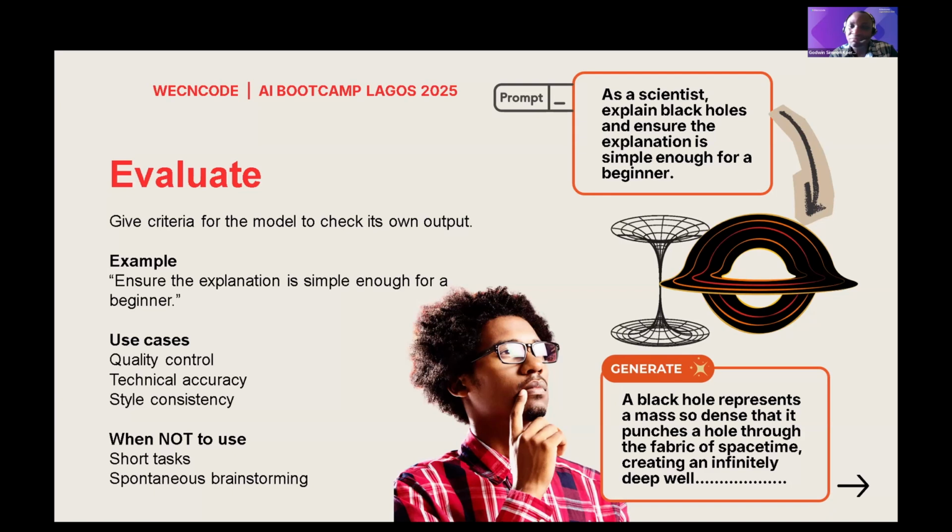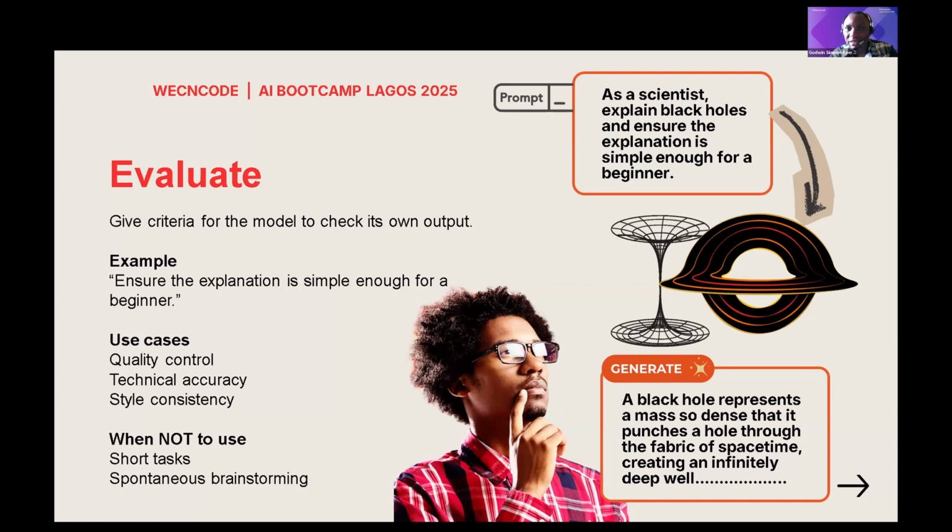So sometimes you could say, define a noun, make sure the answer is for a 5-year-old child. So in this context, you are telling the model to give you the response that is best fitting for maybe a 5-year-old child. So we have a sample prompt here.